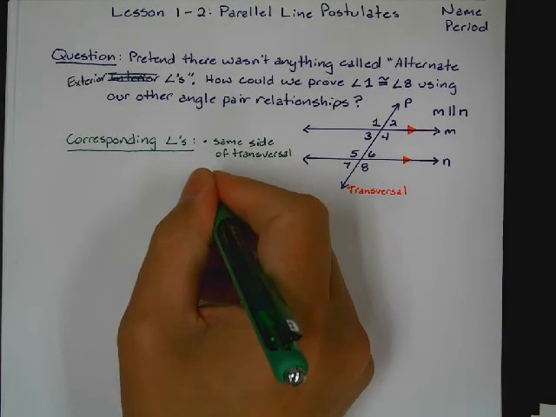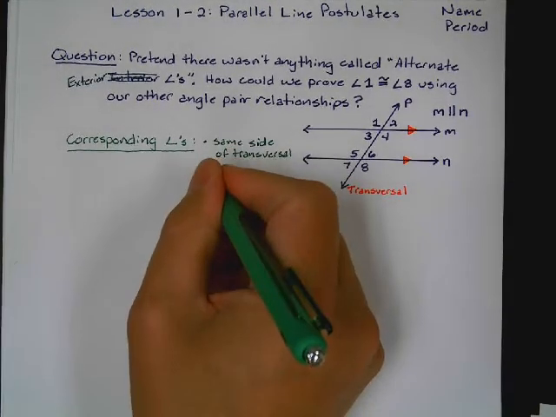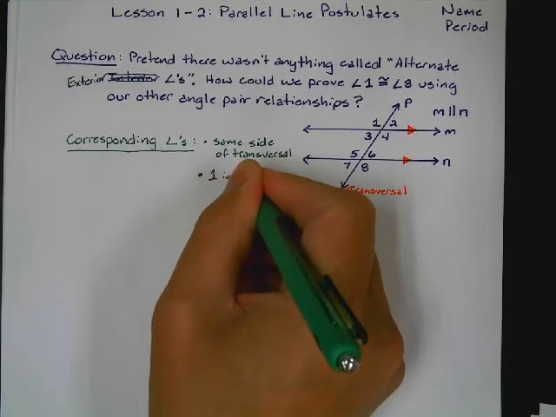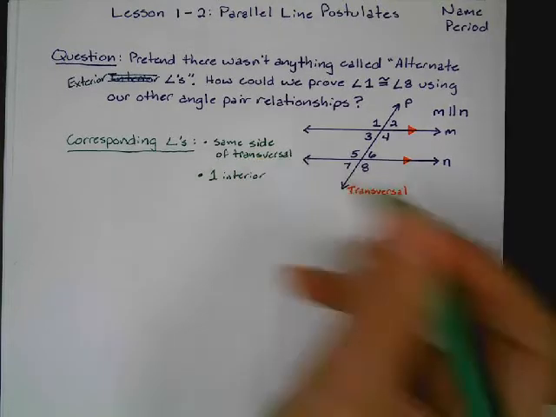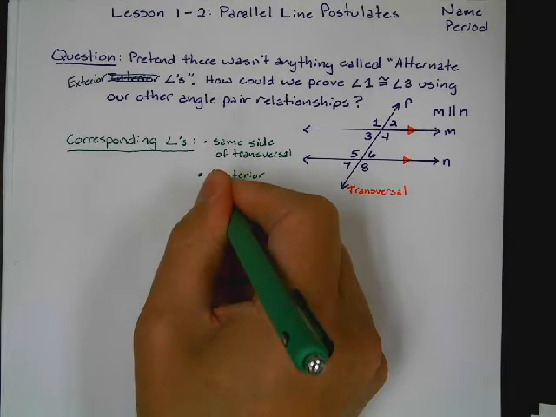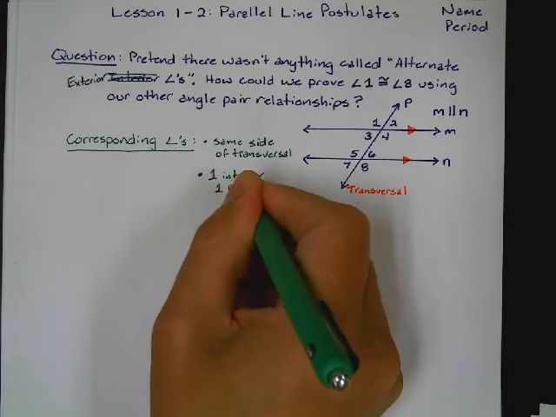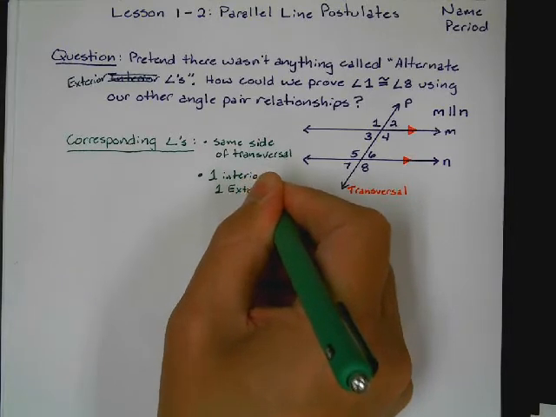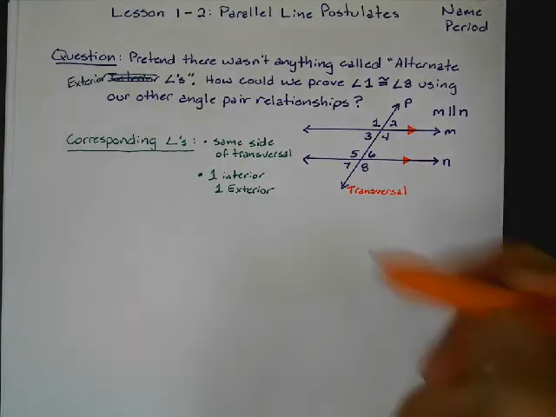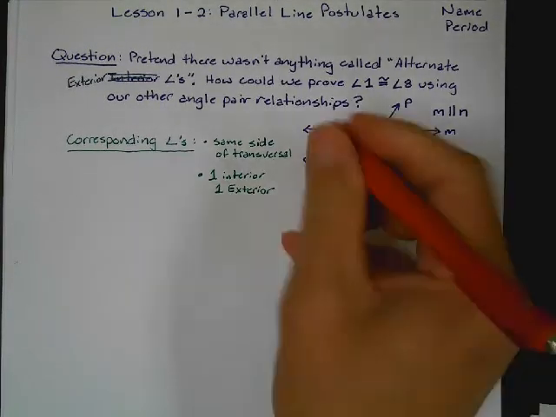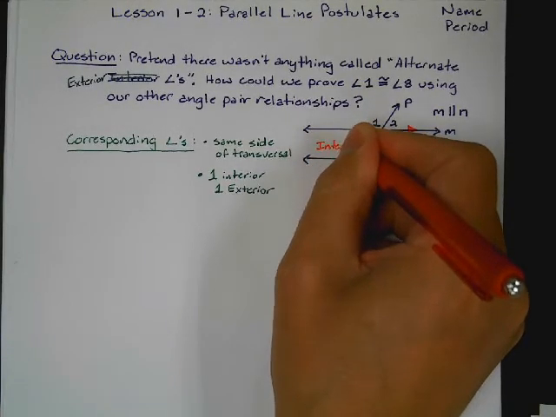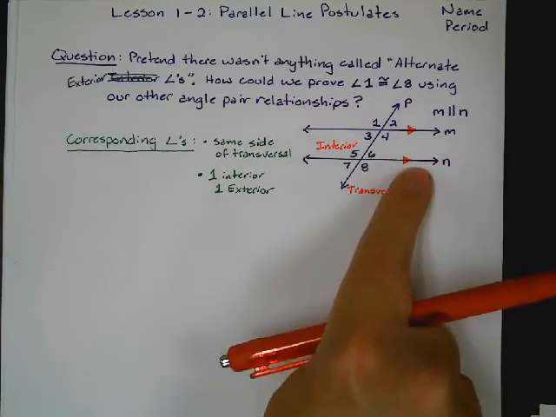Next thing is that one angle is an interior angle, and the other has to be exterior. So where's the interior and where's the exterior? Well, all along here is the interior. So between M and N, that's the interior.